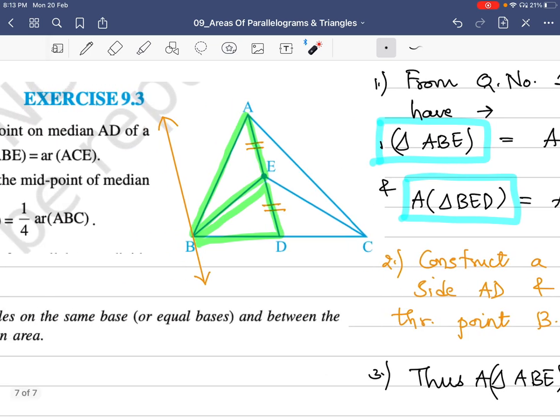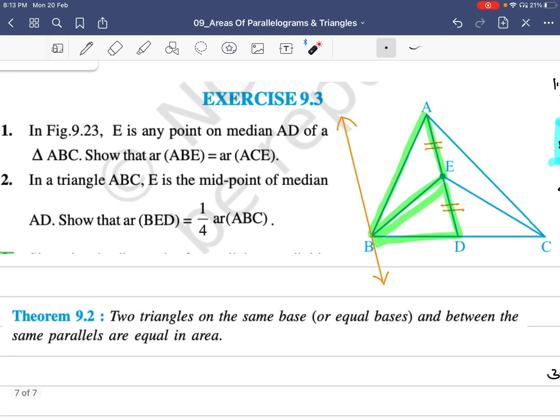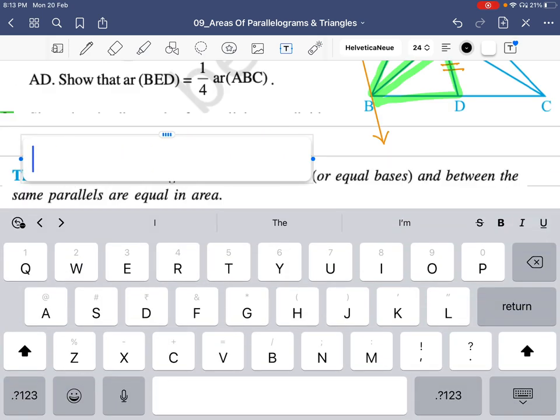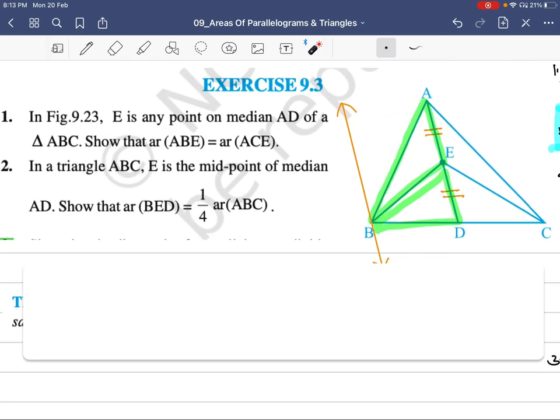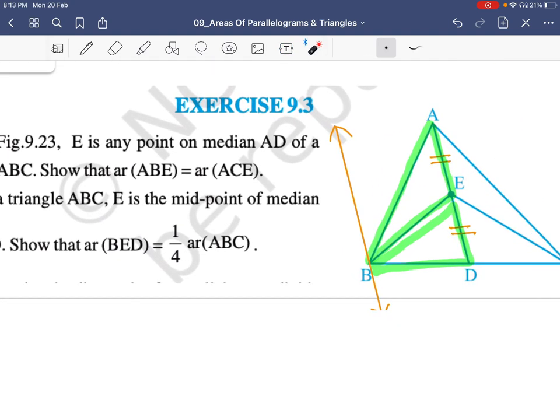So thus, let's come here because we don't have space, and in fact let me just cover this because now this is not needed, and I will use this space to write. Okay, so let's zoom in.